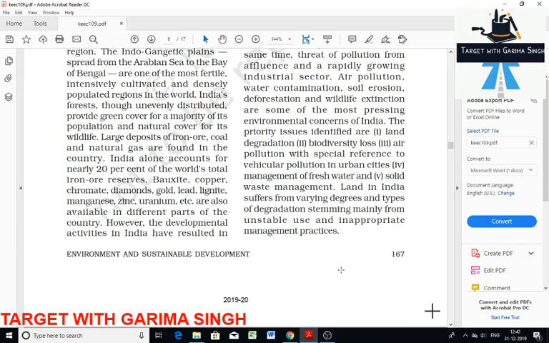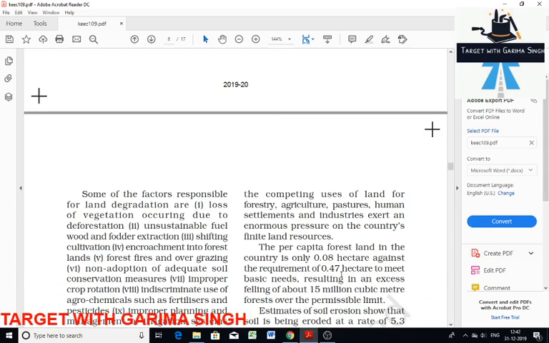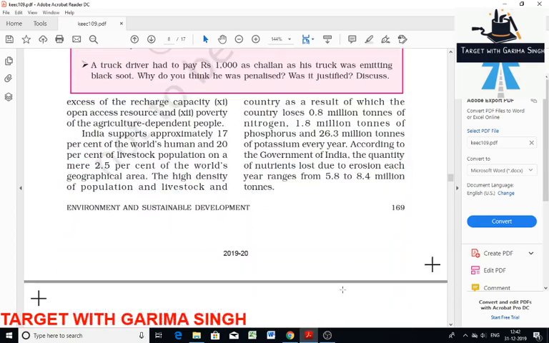Some of the factors that are responsible for land degradation: loss of vegetation occurring due to deforestation, forest fire and overgrazing, improper crop rotation, encroachment into forest land, shifting cultivation, indiscriminate use of agrochemicals such as fertilizers and pesticides, improper planning and management of irrigation systems, extraction of groundwater in excess of the recharge capacity, poverty of the agriculture-dependent people, non-adoption of adequate soil conservation measures.